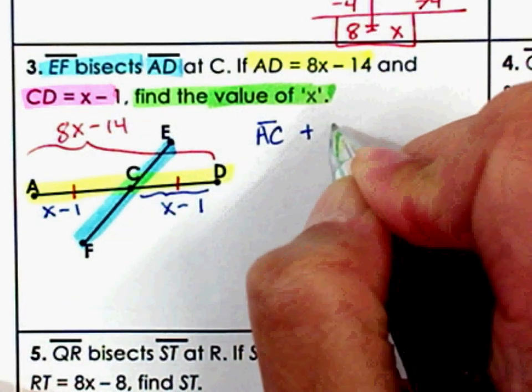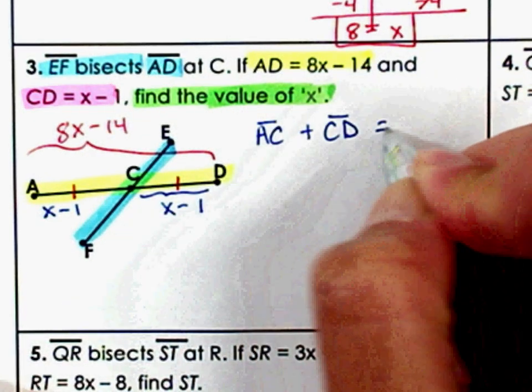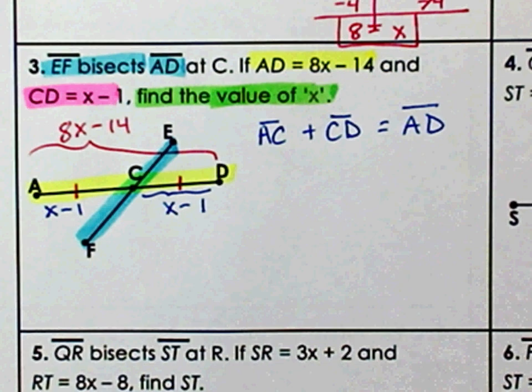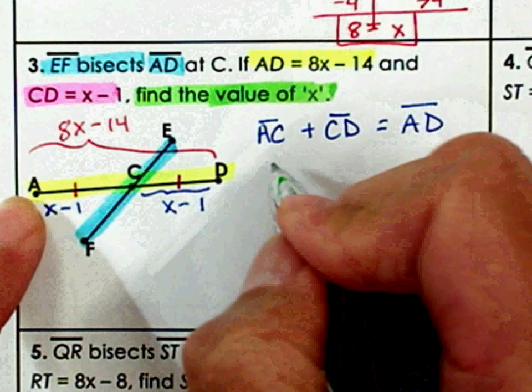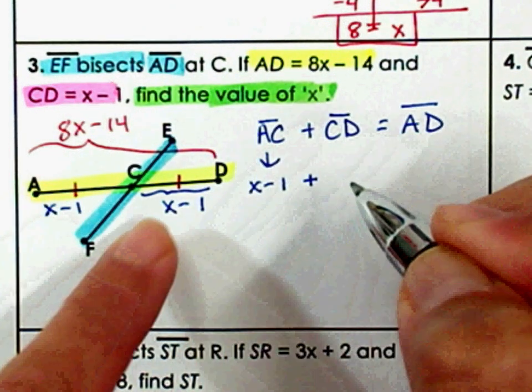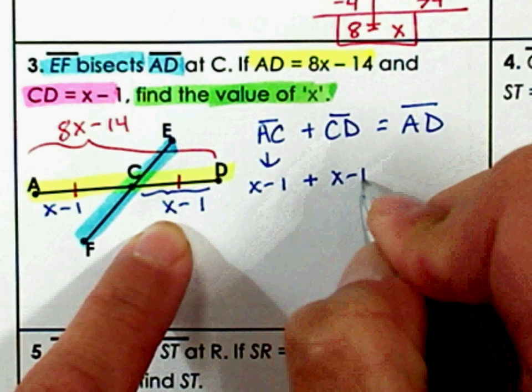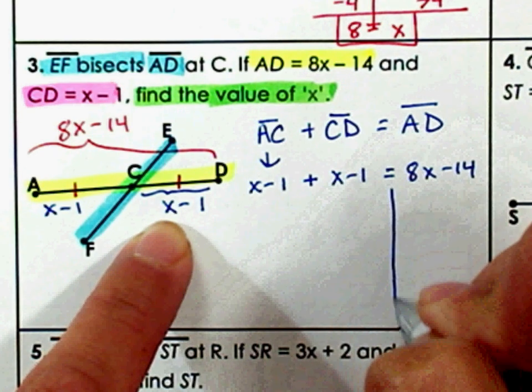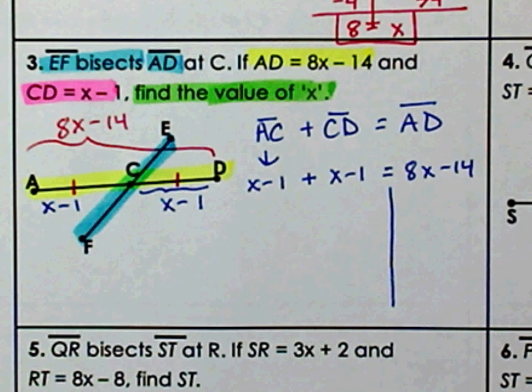So you're saying AC plus CD is equal to AD. Okay, so what is AC? x minus 1. Bring down your plus. What is CD? x minus 1. And all of that equals 8x minus 14. All right, let's do the math. Here we go.